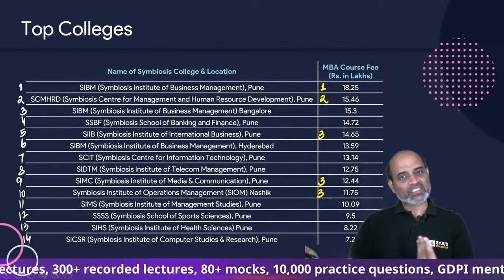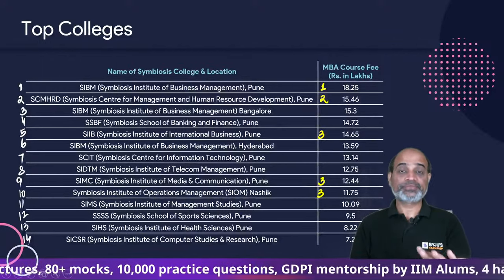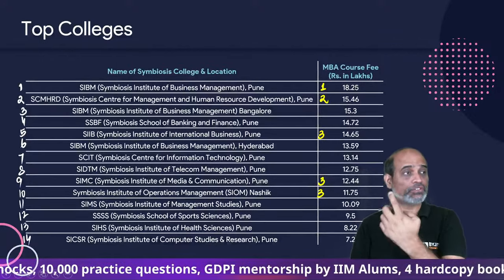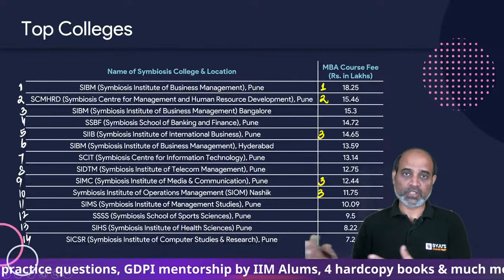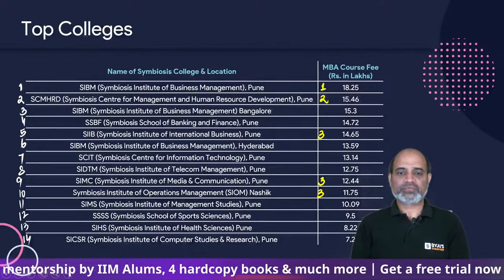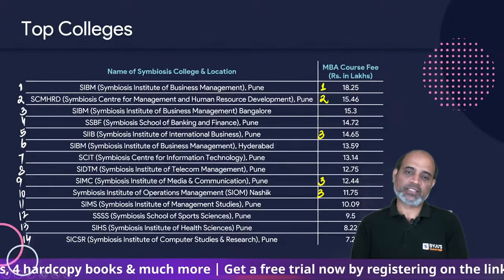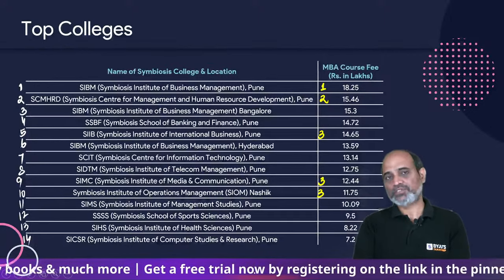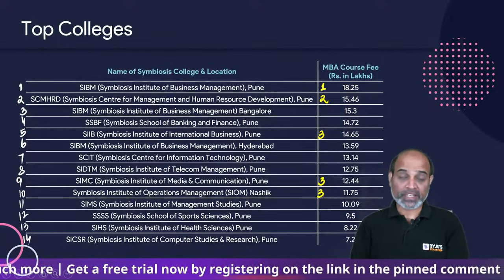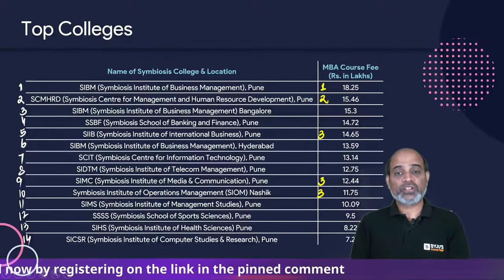So it will take years, and it will take very good students going through those colleges so that they can get that level of appreciation as other colleges get. Okay. Now, SIMS is Symbiosis School of Sports Sciences for sports, as in athletes, Symbiosis Institute of Health Sciences for people with a medical background, SCIT for people who want to get into information technology.